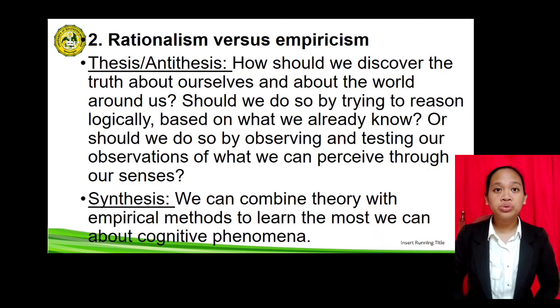Should we do so by trying to reason logically, based on what we already know? Or should we do so by observing and testing our observations of what we can perceive through our senses? So, synthesis. We can combine theory with empirical methods to learn the most we can about cognitive phenomena.